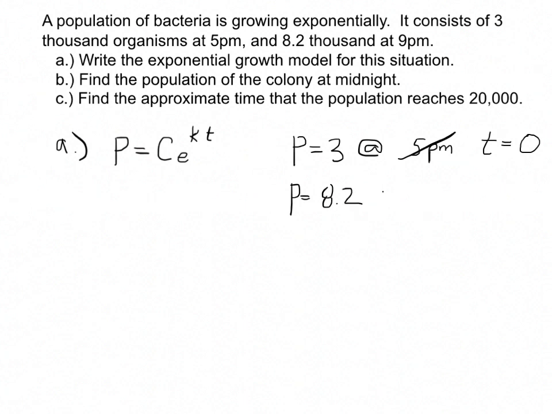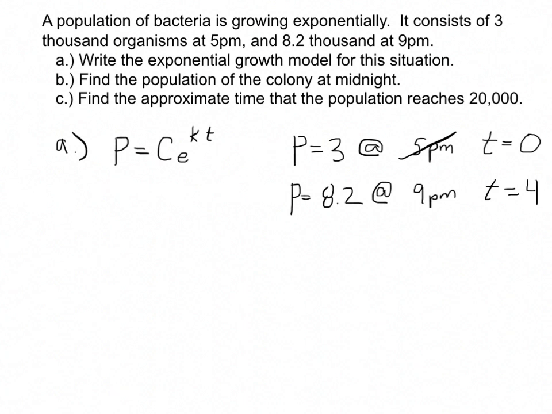I'm just going to use 8.2 at 9 p.m. Now again, I don't want to use t equals 9. If my initial time was 5 p.m., and now I'm 4 hours later, it would make sense that time is 4. That looks a little bit like a 9, so I should probably make that more clear.